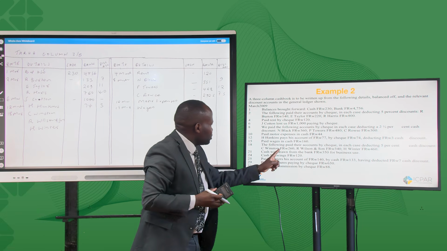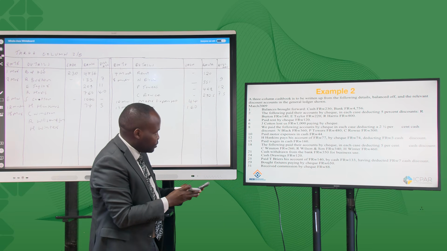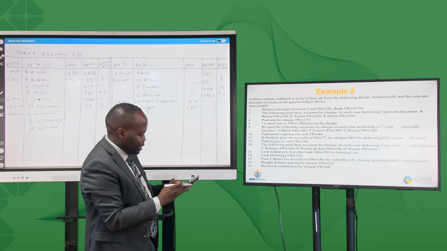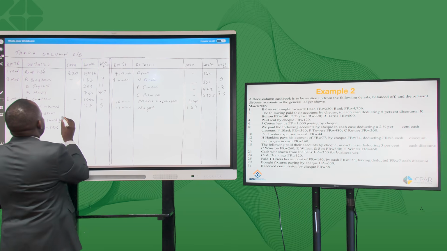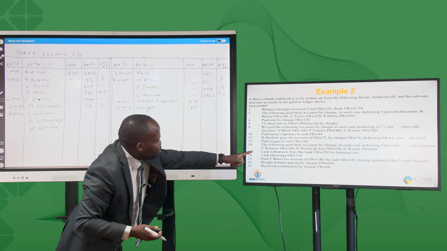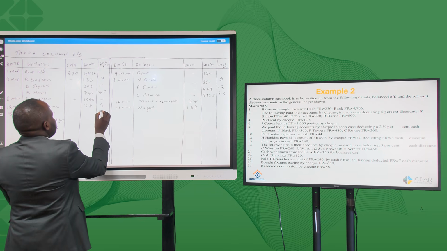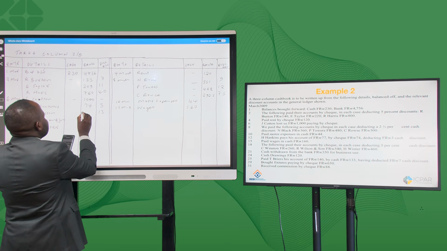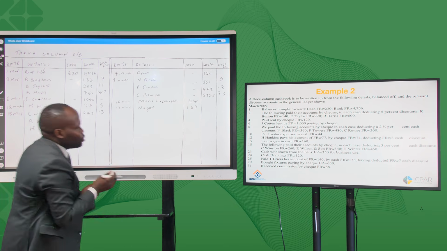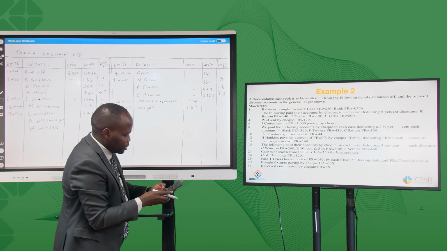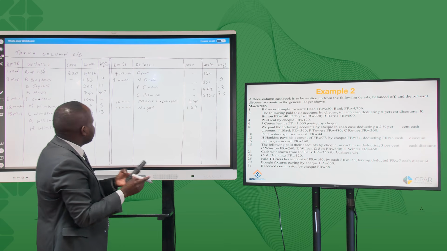Winston is the first person. Winston is 260, deducting 5%. So 0.05 times 260 gives you 13. The following paid the accounts by check. 260 minus 13, that is 247. Next, Wilson, 340. 340 times 0.05 is 17.